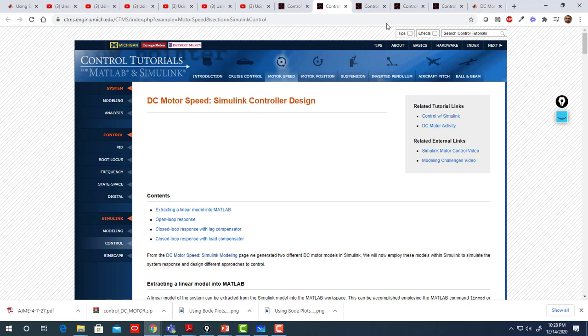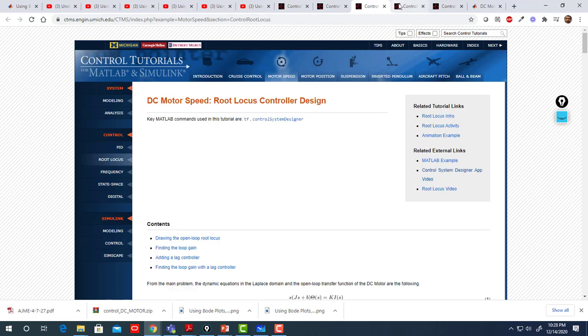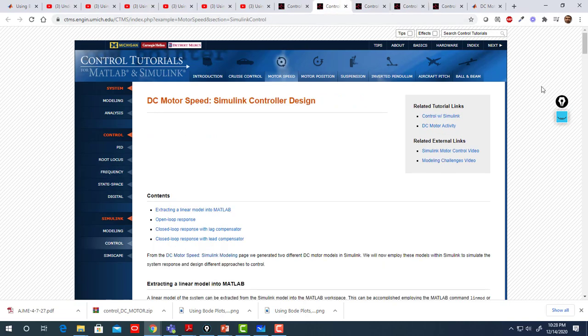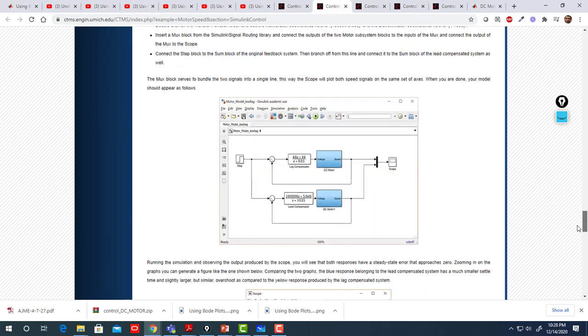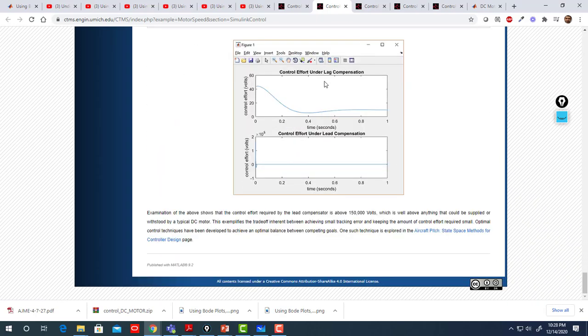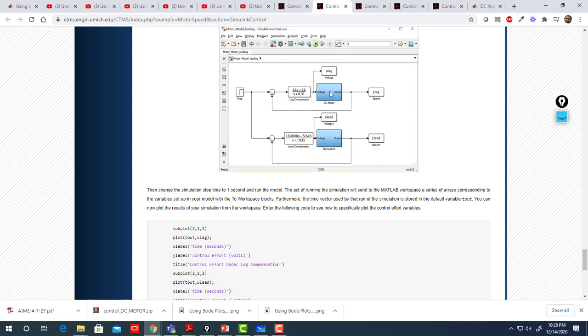So again, root locus, frequency response, and in here it is both together, like lead lag compensator, and they compare the control effort in case you have lag or lead compensator, what's the control effort in both cases.